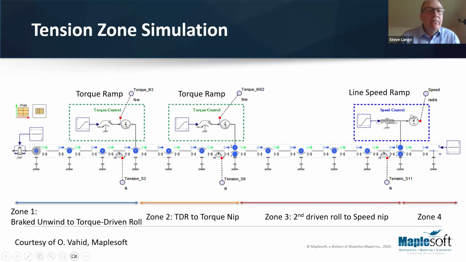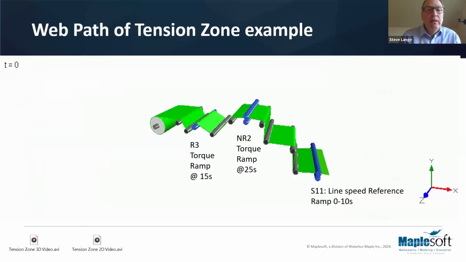They all ramp up at different times. And so there's going to be dynamics affecting the tension in this particular span, actually all the spans, but we're going to focus on this tension in span 11 right before the final nip. But because they're all ramping up at different times, we're going to see different effects.